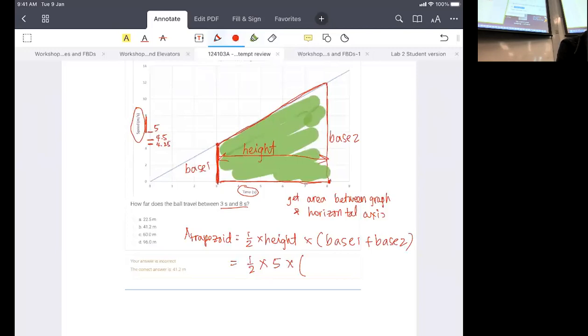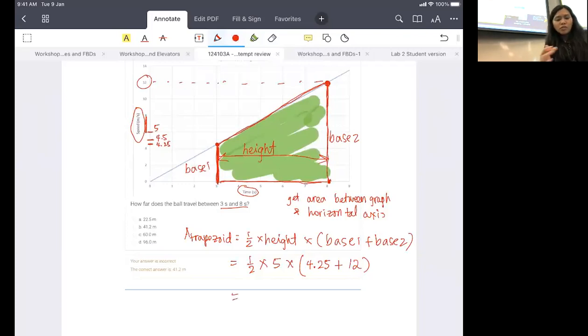So this point here is about 4.25 for the length of base 1. Plus the length of base 2, this length here on the right. It goes from 0 to this point, and that point is 12 meters per second. So the length of base 2 is 12.